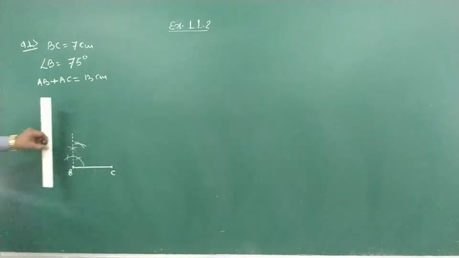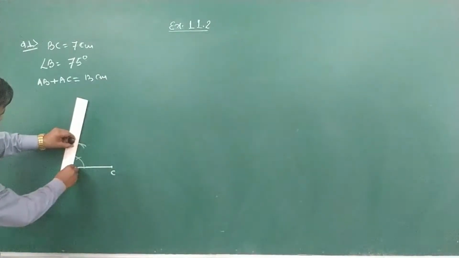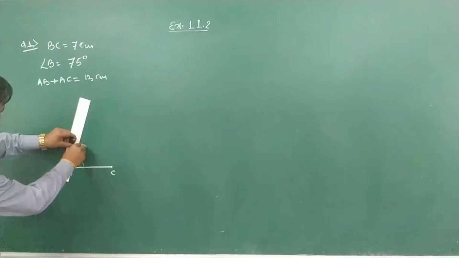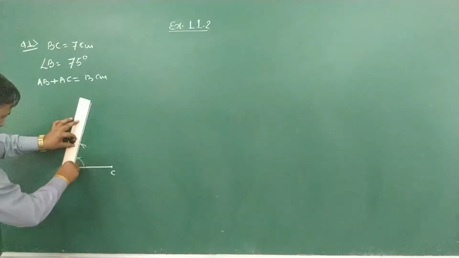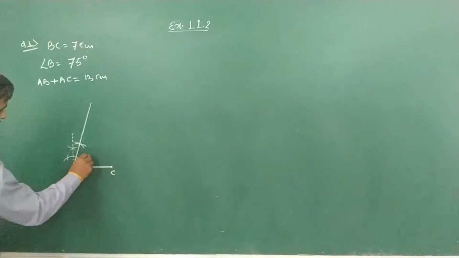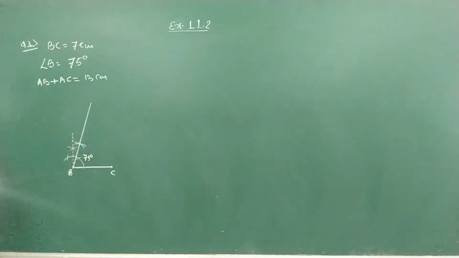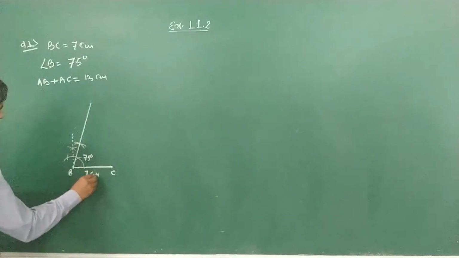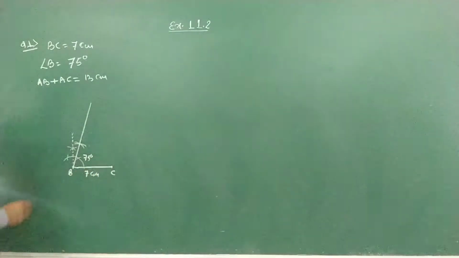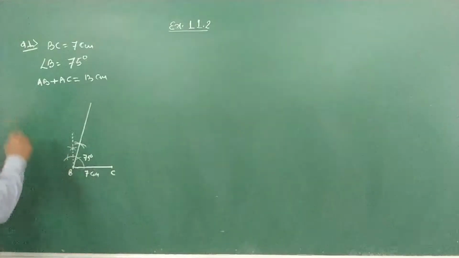This is your 75 degree. So step 1 is draw a line BC equal to 7 centimeter. Then second step, construct an angle B equal to 75 degree.